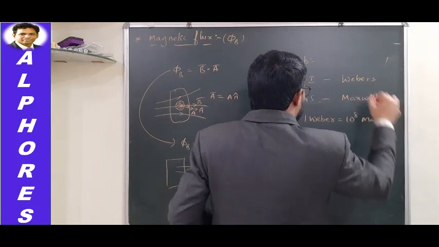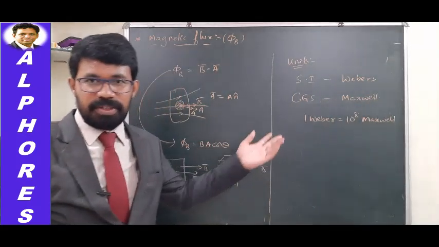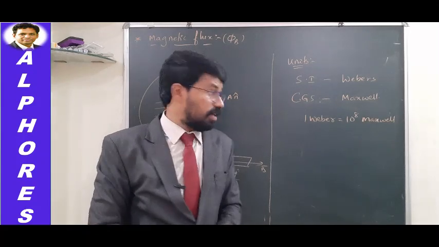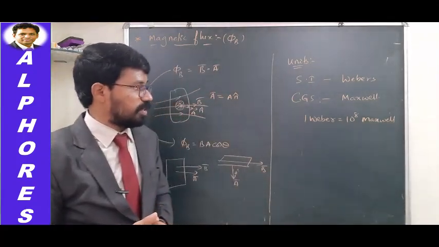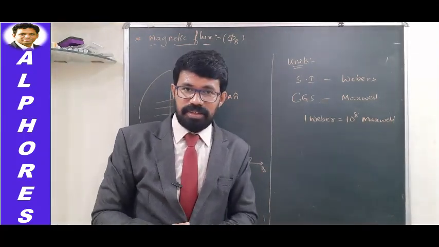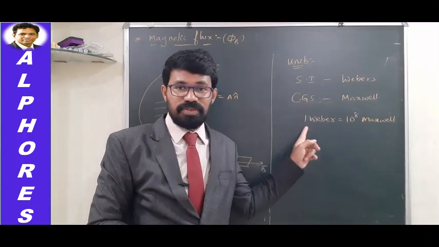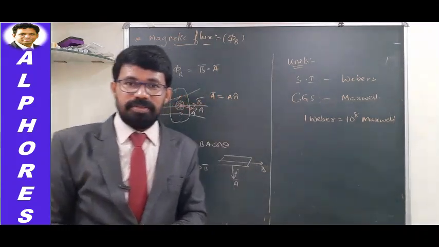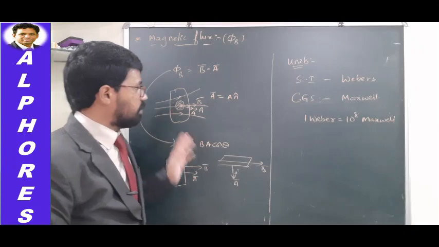This is the relation between Webers and Maxwell, like the way we have a relation between Gauss and Tesla. 1 Weber is equal to 10 power 8 Maxwell, or 1 Maxwell is equal to 10 power minus 8 Weber. So you just remember these points.